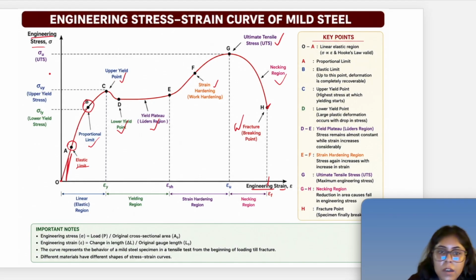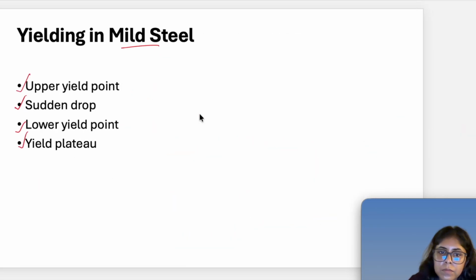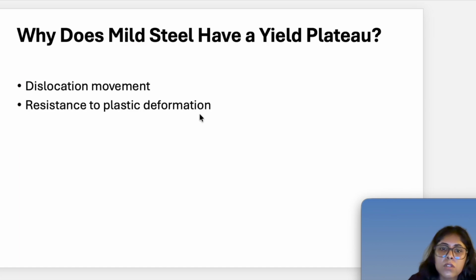That means there is no stress increase, but deformation is going on and going on. Right. So this is what the yield plateau is. Right. So the question we have is, why does mild steel have a yield plateau? We have dislocation movement, and then we have resistance to plastic deformation. So that is where the resistance will be.